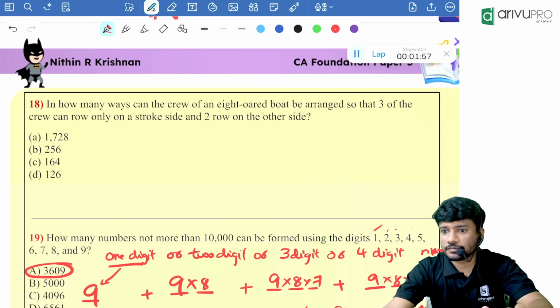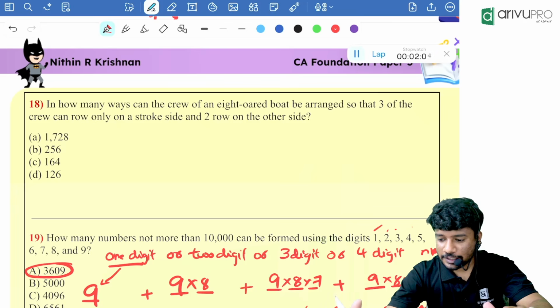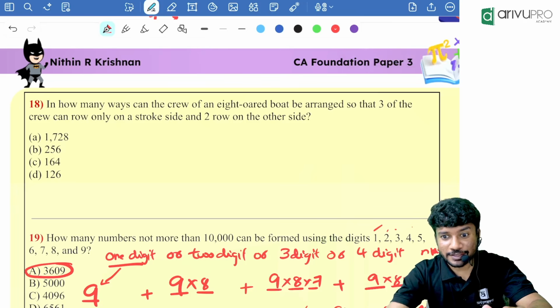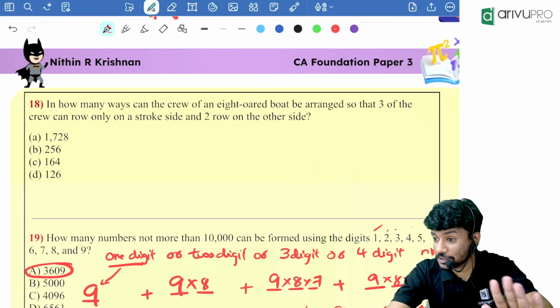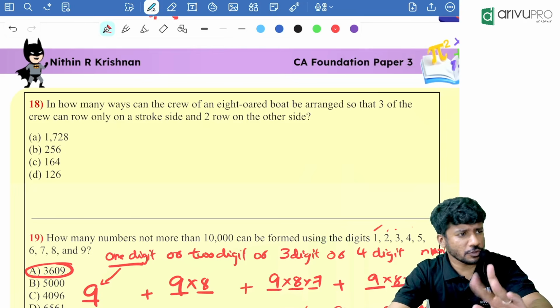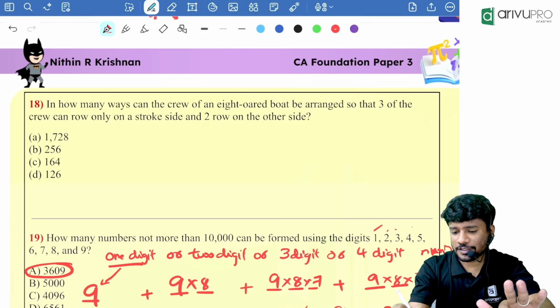Did you get it? Didn't you get it? Can we try? That's why I told you this is one of the best questions from this chapter. So 2 more good questions are there that you will see anyway.